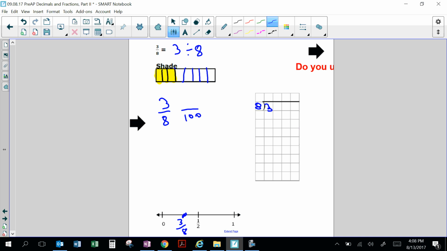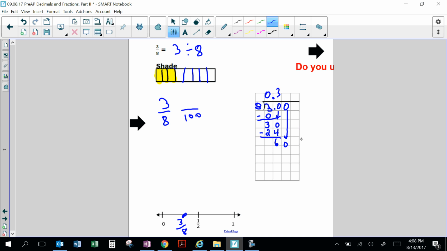Can 8 go in 3? No, it goes in 0 times. 3 minus 0 is 3. How can I get rid of this remainder? Annex a 0. Bring it down. How many 8s go in 30? 3 times. 30 minus 24 is 6. Annex a 0.